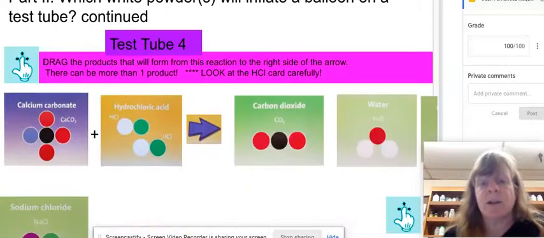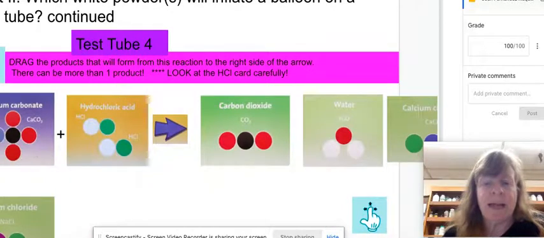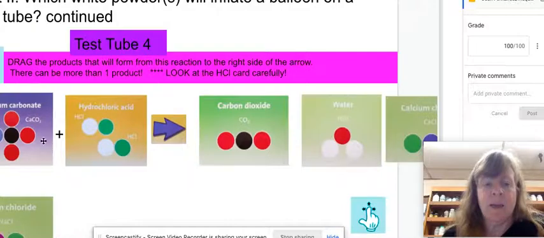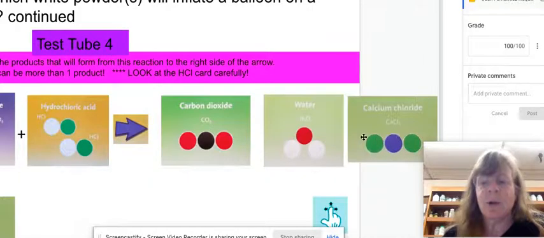Let's take a look at the products. So again, start off with 1 calcium. We end up with a calcium. We have carbon dioxide, a carbon and 2 oxygens, and 1 extra oxygen, here it is. 2 hydrogens, 2 hydrogens, and 2 chlorides, 2 chlorides.